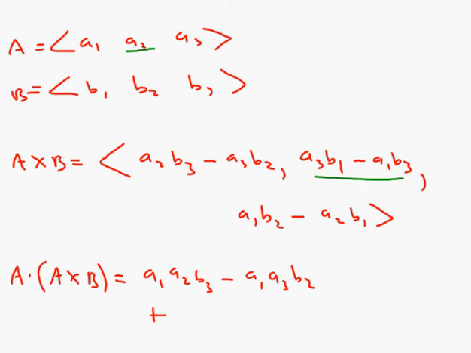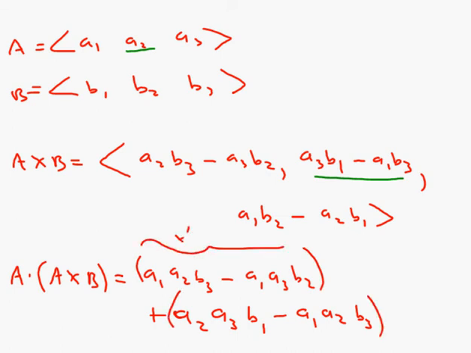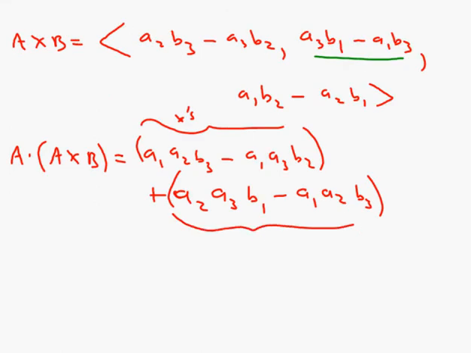So I get A2, A3, B1 minus A1, A2, B3. So I guess maybe we can do this to make it clear. Okay, so this little piece here was the product of the x's. This second piece over here, this thing I just put parentheses around, is going to be the product of the y's. And then lastly, we're going to have the product of the z's.